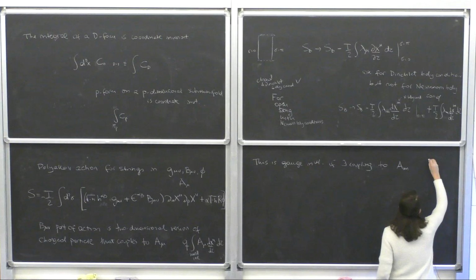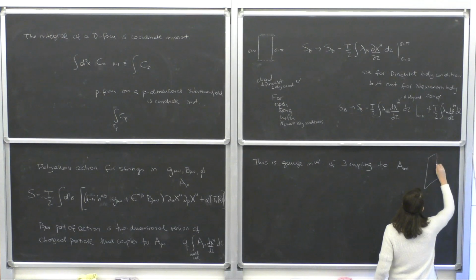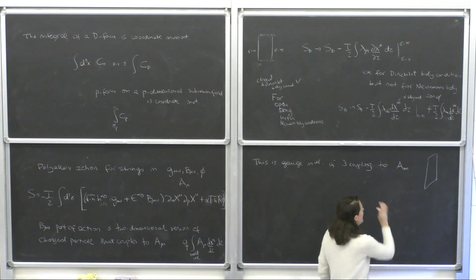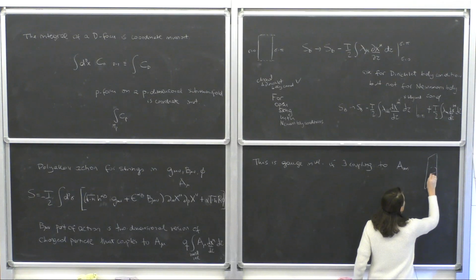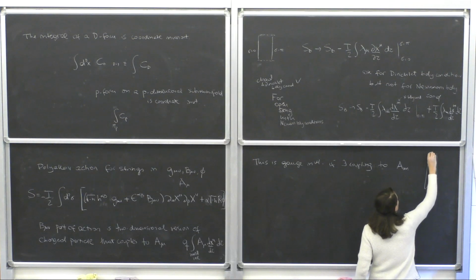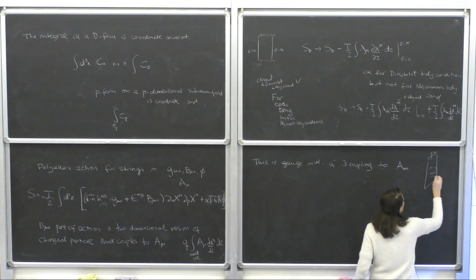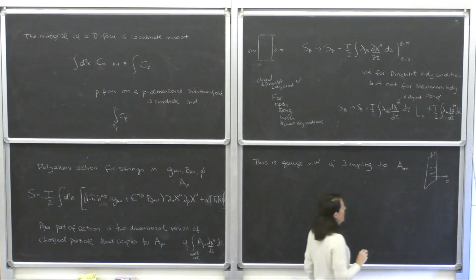So remember, we can think of these branes, and it's not that we can think, there's really a brane along the directions where we have Neumann boundary conditions, and here we have Dirichlet boundary conditions.